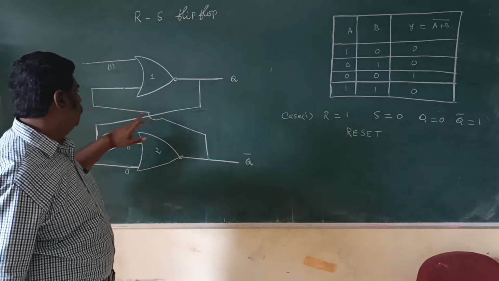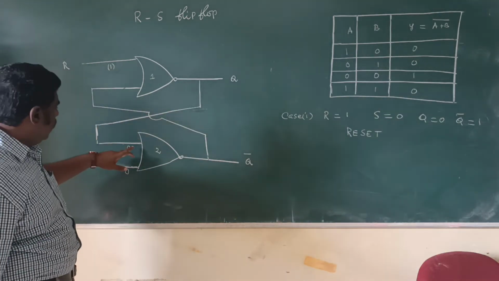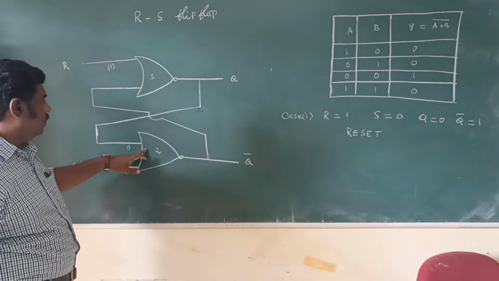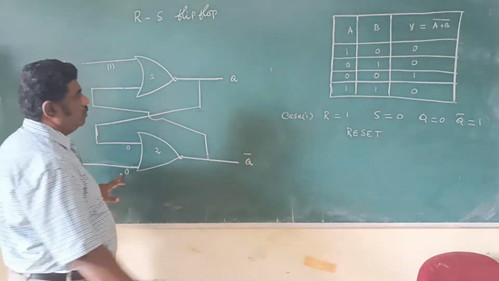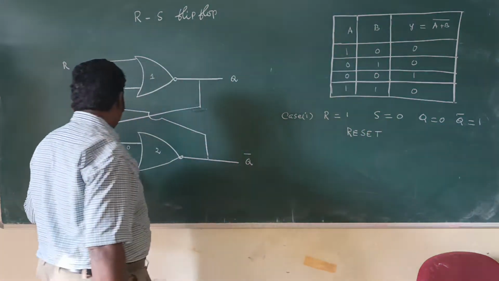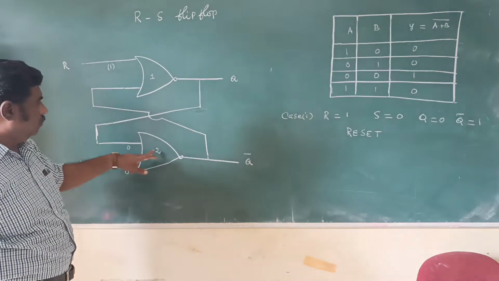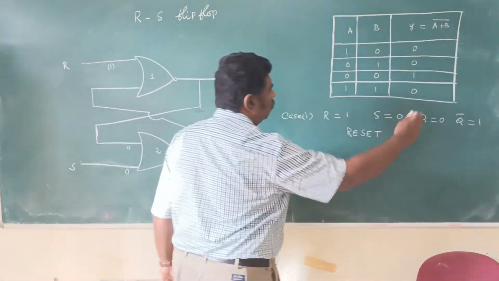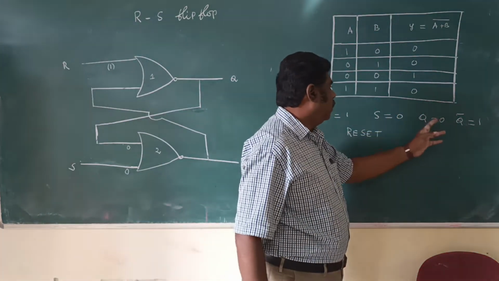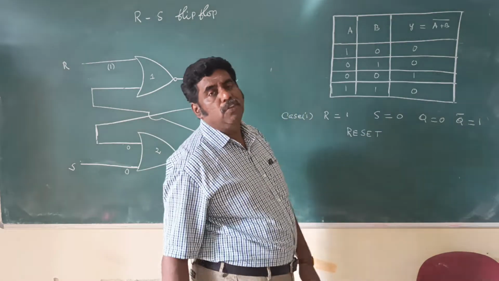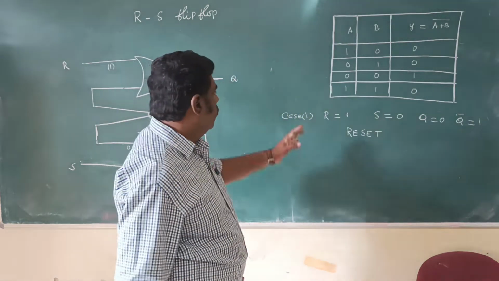Then Q is fed to an input of the second NOR gate, and another input is S equal to 0. So 0 plus 0 is 0, 0 bar is 1. So Q bar is equal to 1. If Q bar equal to 1 and Q equal to 0, the flip-flop is said to be in the state of reset. This is case 1.